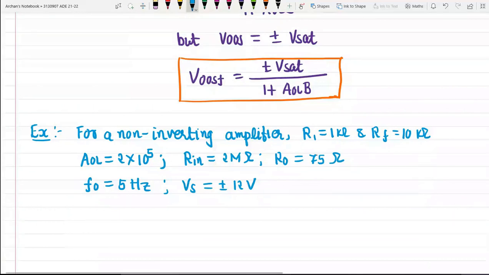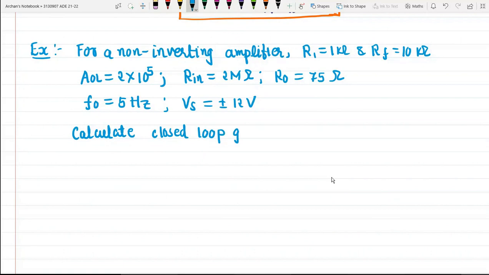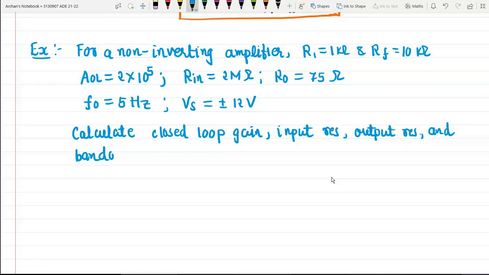Now what you need to do is calculate the closed loop voltage gain, then input resistance, output resistance, and bandwidth with feedback.